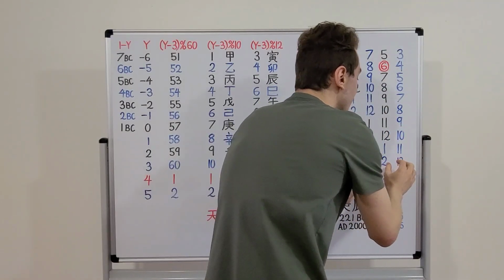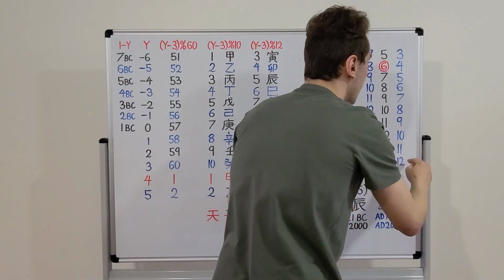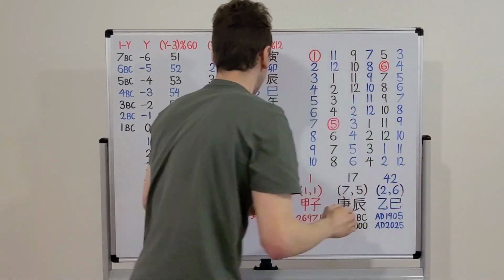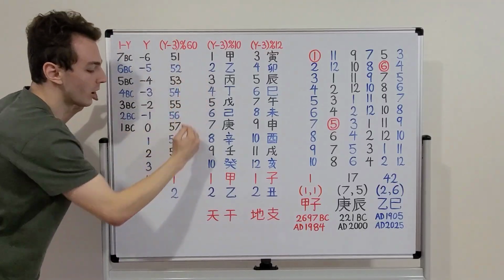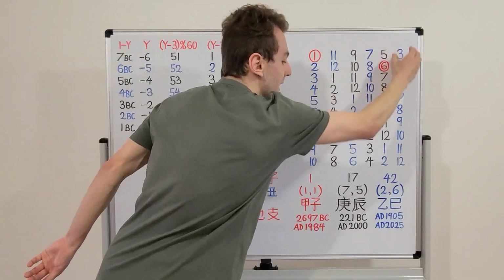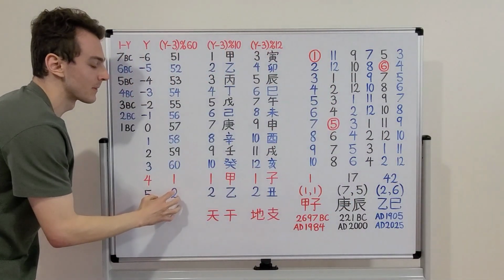And finally, the fifth 12-year cycle is broken up into 2 years and then 10 years. And this final decade is what we see over here from 51 to 60. So in this interval over here, we see the final decade and the first 2 years at the bottom.